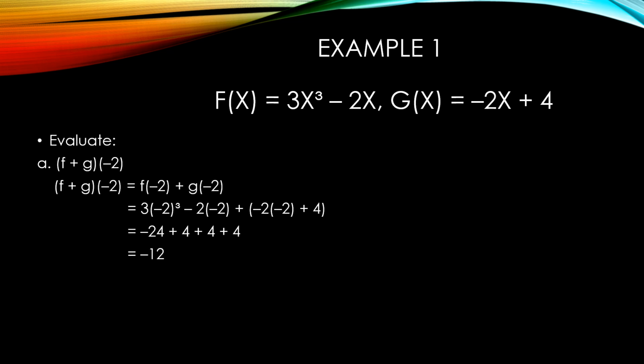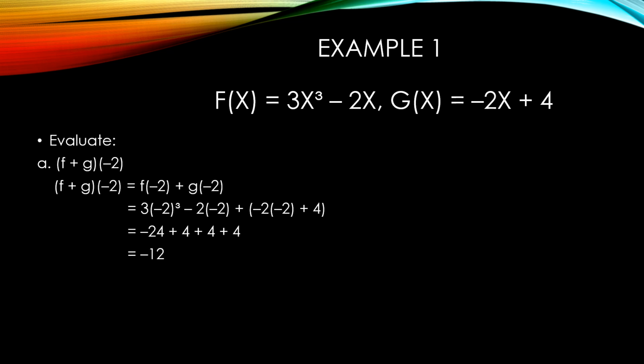After that, we end up with minus 24 plus 4 plus minus 2 times minus 2, which gives positive 4, plus 4 in this form. And when you add this together, you are going to get minus 12.